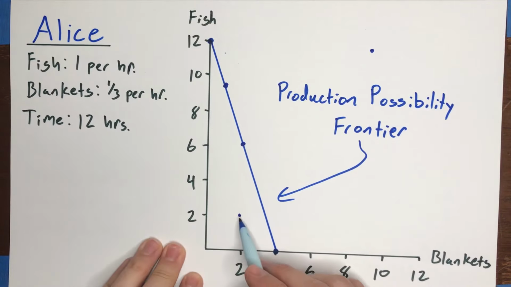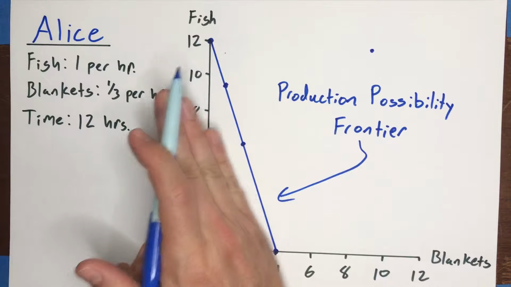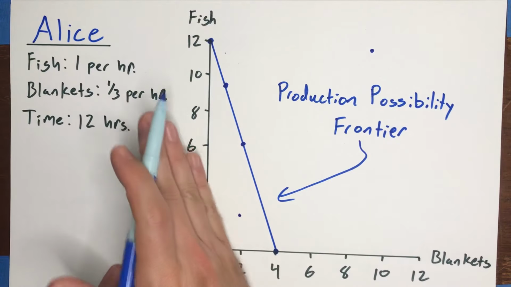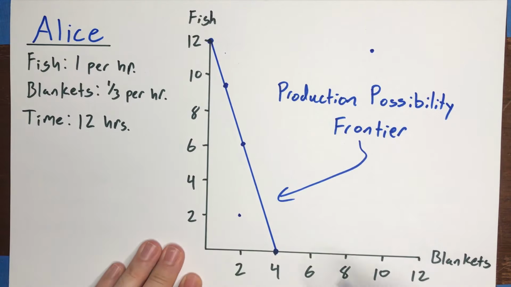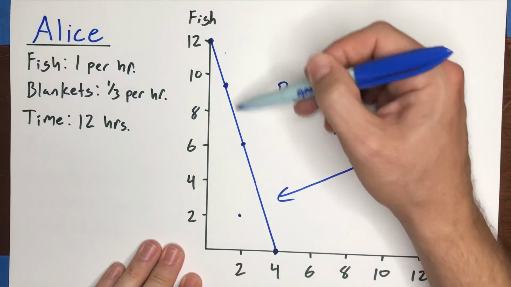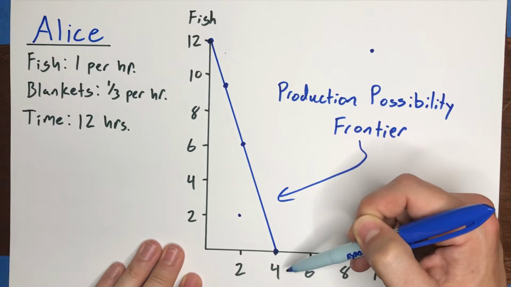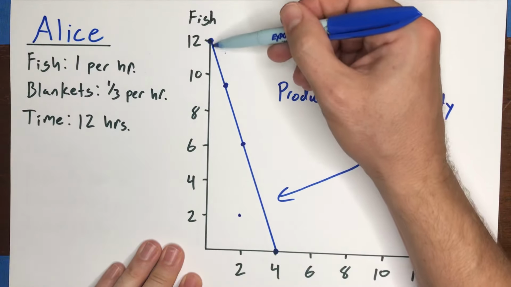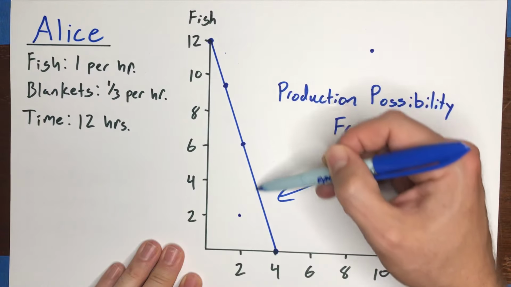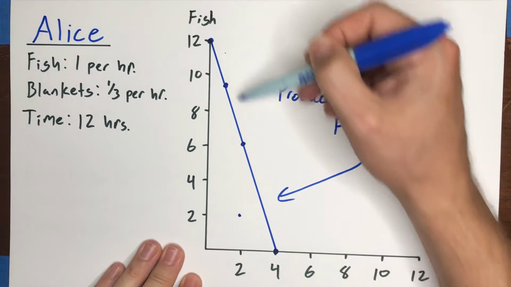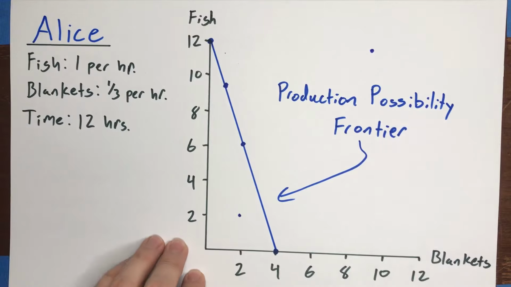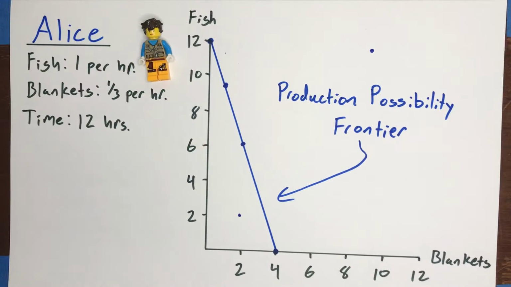So we don't expect her to consume anything to the left and below this production possibility frontier. We would expect her to consume everything that she produces. All right, so left to her own devices, she's going to consume at some point along this straight line, this production possibility frontier. Okay, so that's what would happen in a world where we had Alice all by herself.